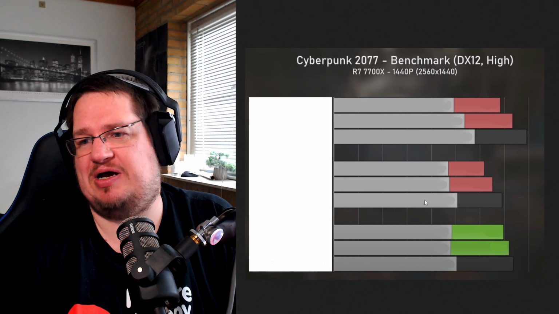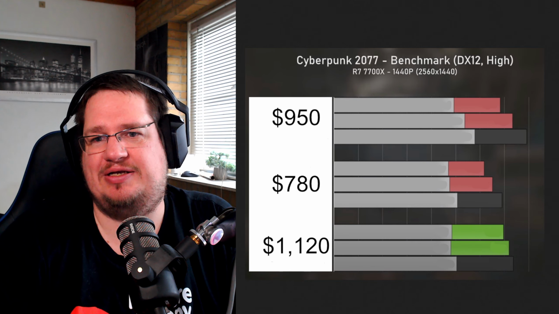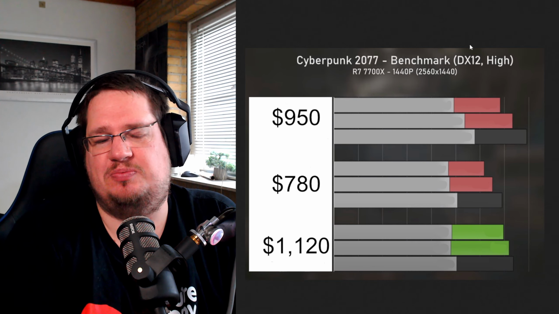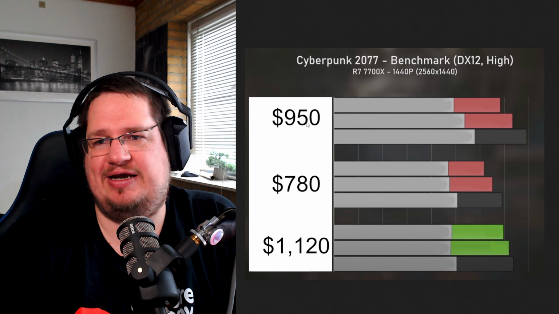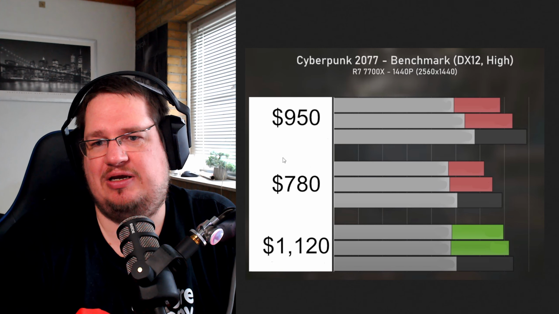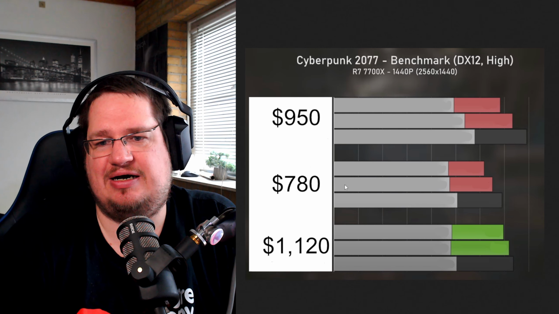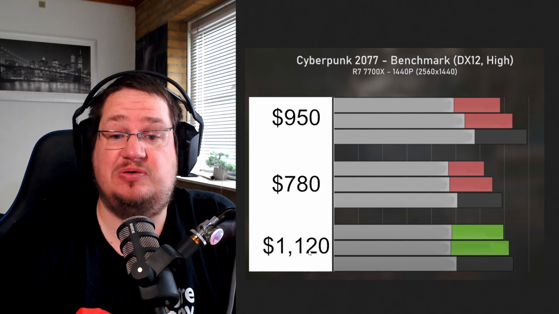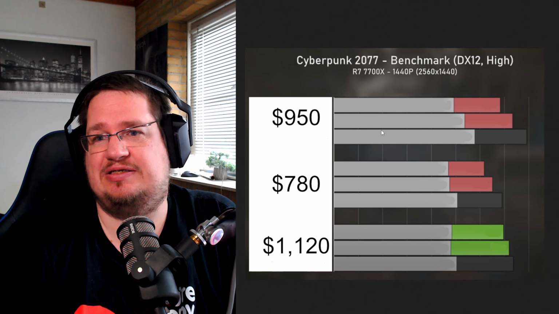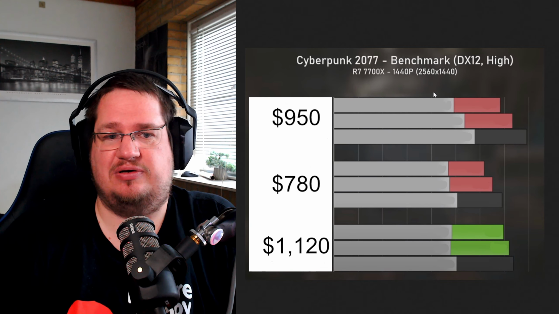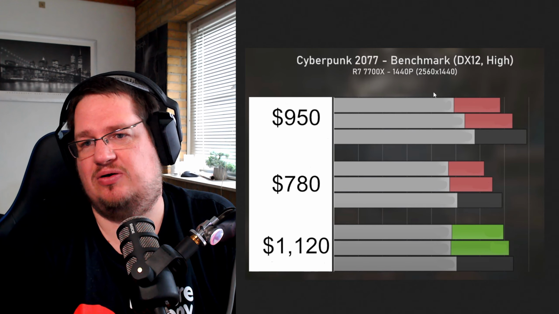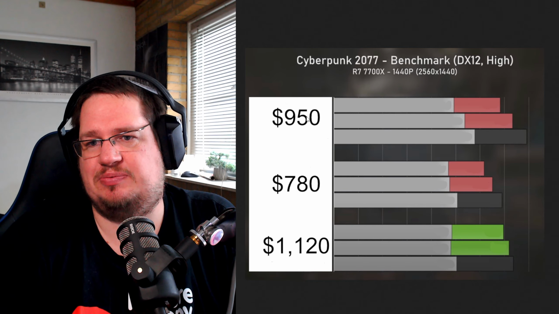So let's look at the actual price groups. This is the price group of these cards. This is like $950 cards up here. This is like $780 cards. This is $1,120 cards. This is just in Cyberpunk. There could be other price points. Oh, apparently this one here is beating out this one here.